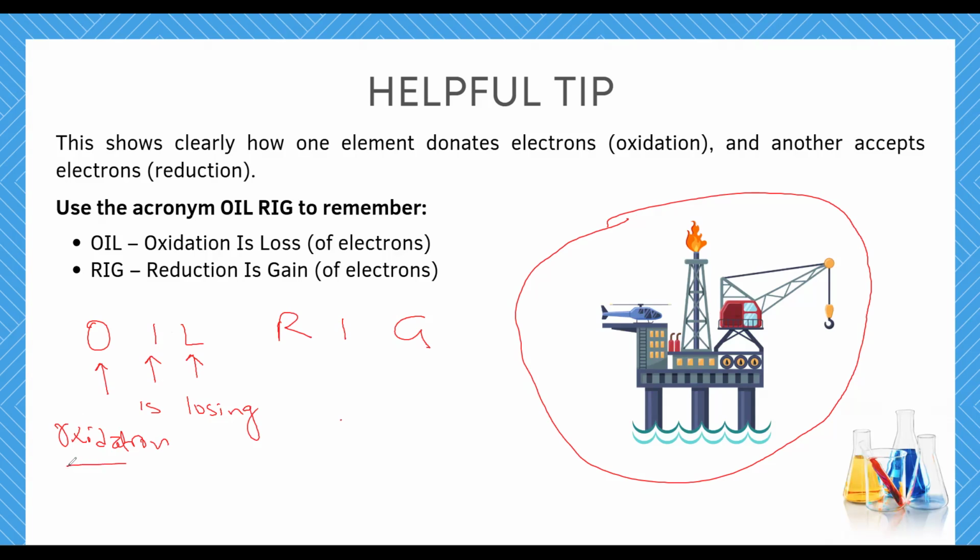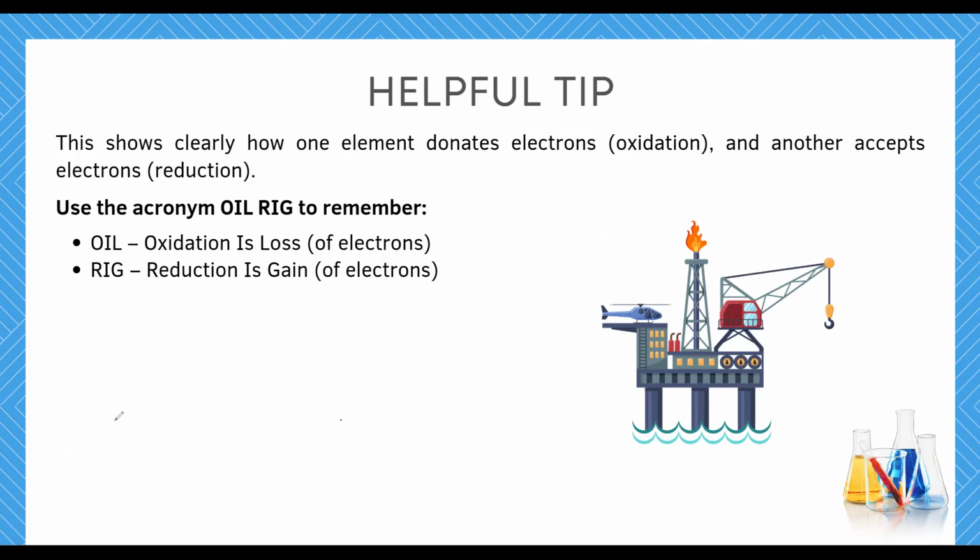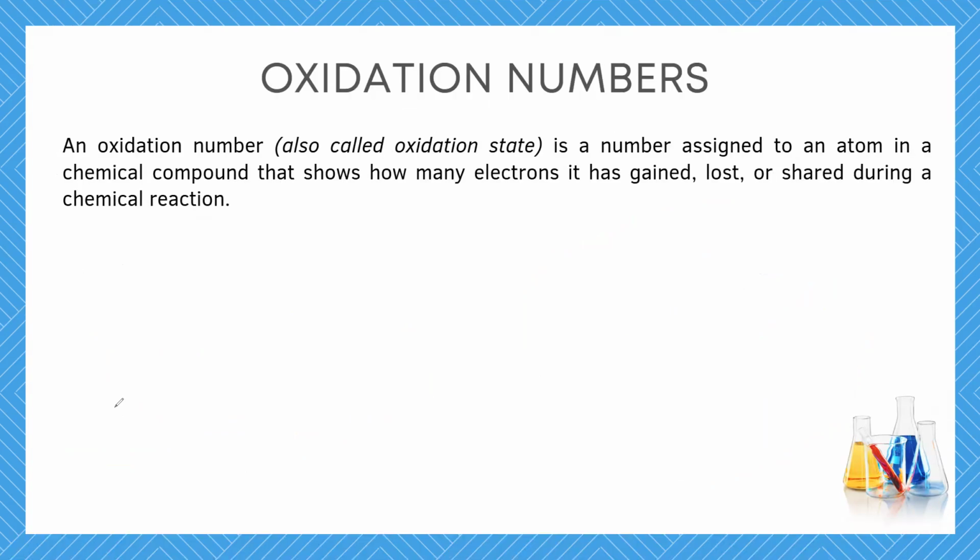So you simply say oxidation is losing, and then RIG, reduction is gaining. So those are the two acronyms. Oil rig: oxidation is losing or the loss of electrons, while reduction is gaining or the gain of electrons.